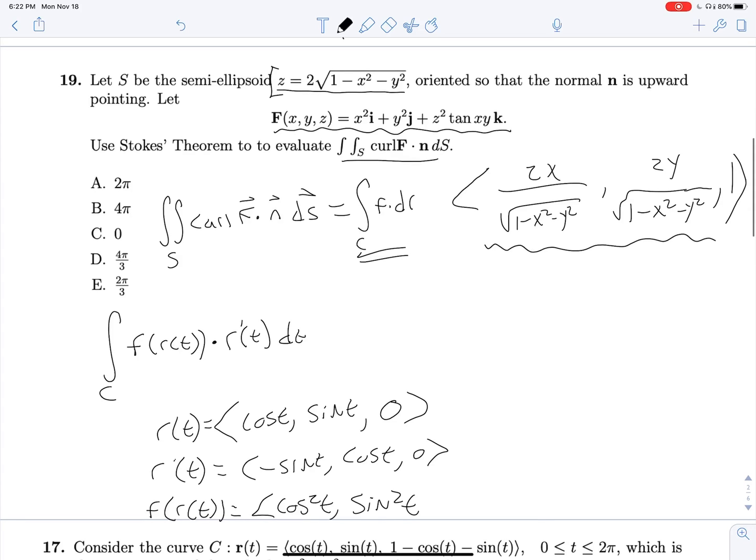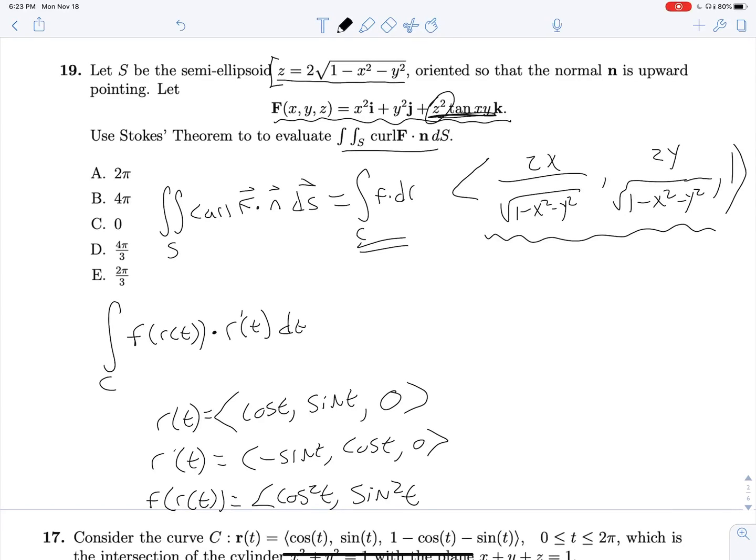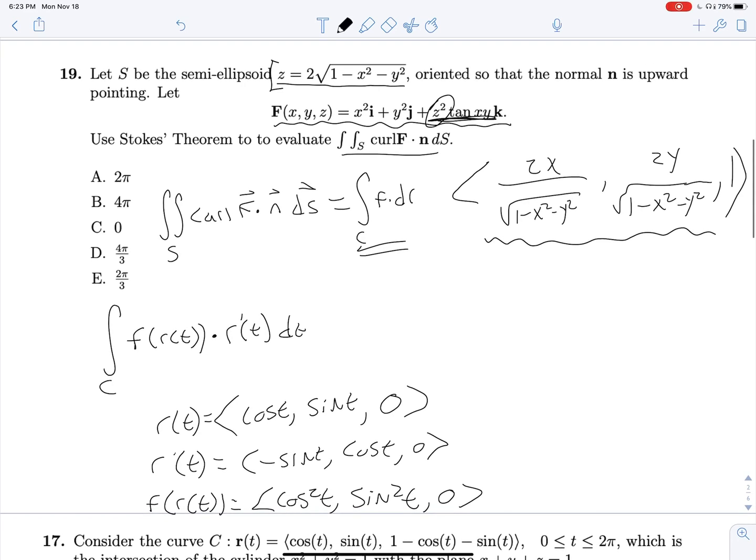And what's nice is because we've made a path such that z is 0, this entire really disgusting section gets canceled out because z is 0, so nothing in that tangent matters, and that component is 0.